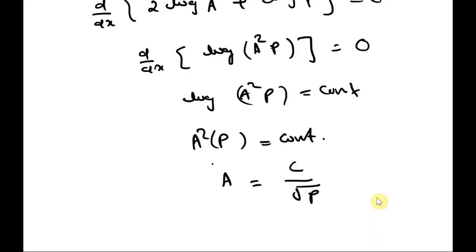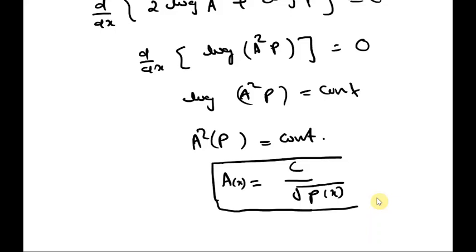So this is our quantity that we need to find out, the amplitude of our wave equation. So that is the fifth equation.